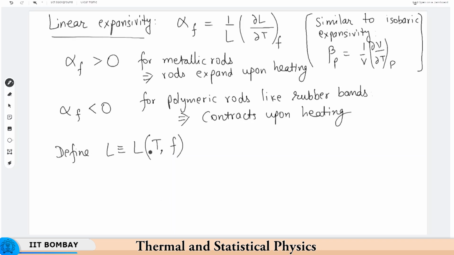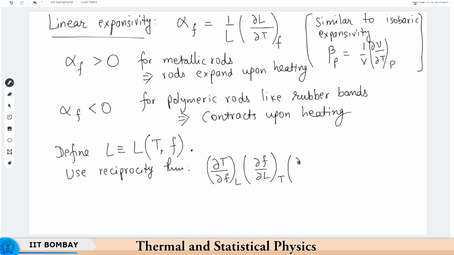So, the two natural variables in this problem are temperature and force. Again we will use the reciprocity theorem, and by using that we can write del T by del F at constant L times del F by del L at constant T times del L by del T at constant F, and this is equal to minus 1.